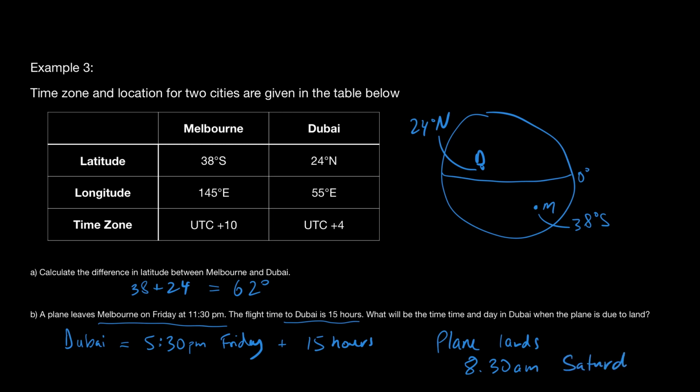So again, with that problem, we worked out the time difference. It gave us the time zone, and we could see that there was a 6 hour time difference and Dubai was 6 hours behind Melbourne. We identified what the time was in Dubai, which was 5:30 p.m. when the plane left, added the 15 hours for flight time, and identified that the plane lands at 8:30 a.m. Saturday.